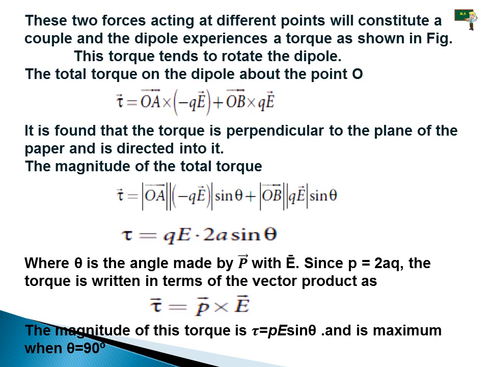Students, this torque tends to rotate the dipole and align it with the electric field E. Once the P vector is aligned with the E vector, the total torque on the dipole also becomes 0.